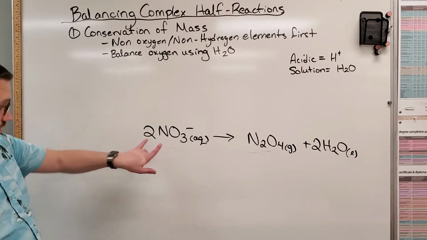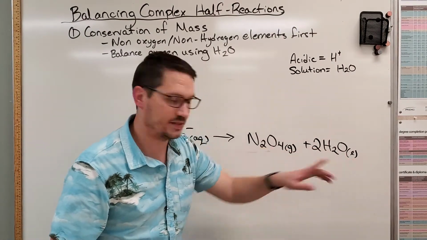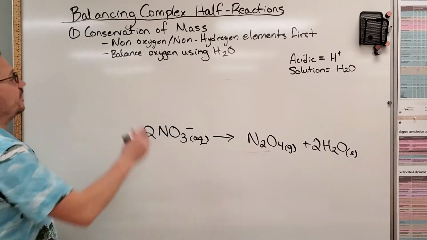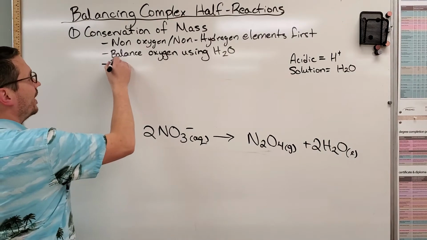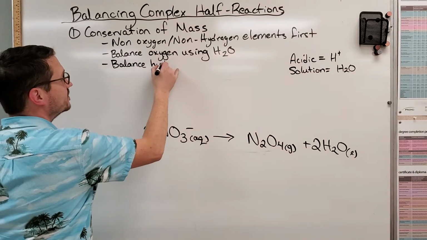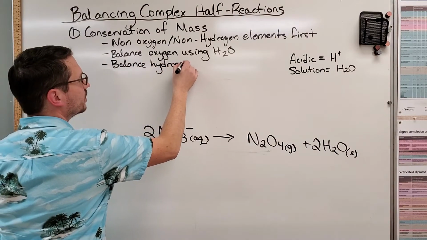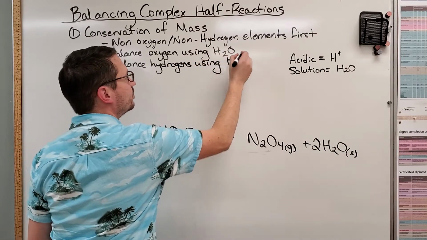So that's great, 4 plus 2 is 6 oxygens now. Then finally, for the conservation of mass, we want to balance hydrogens using H+.